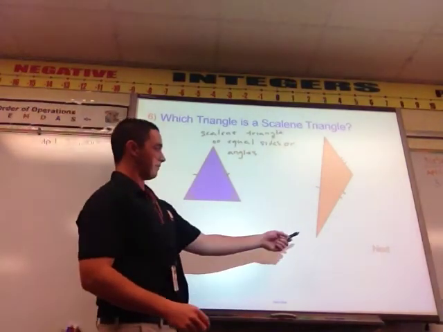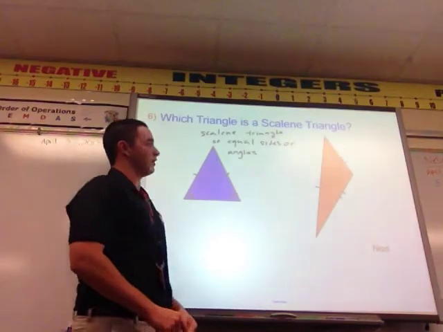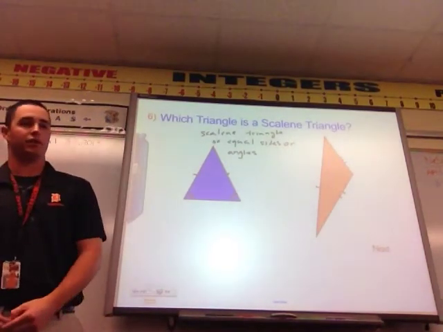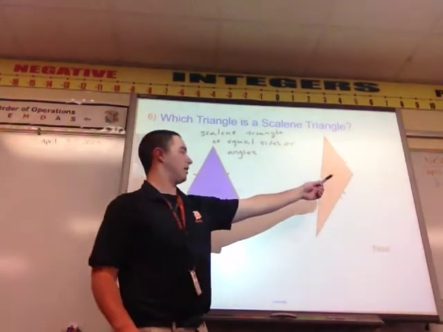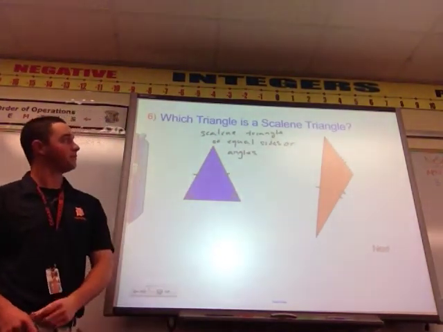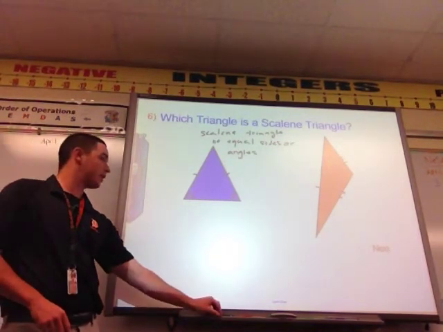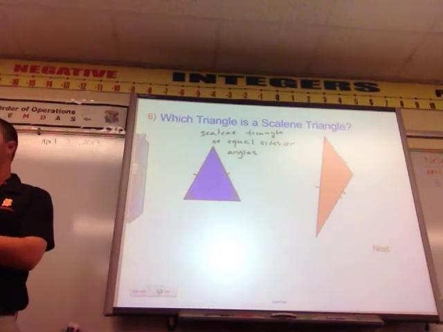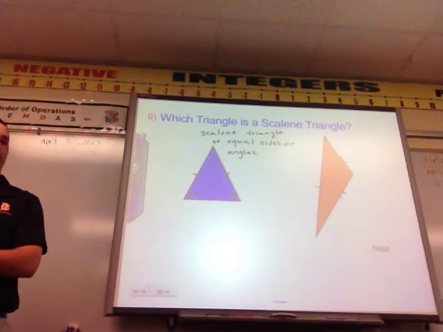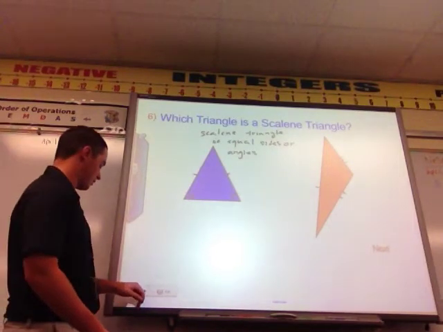Because all the sides are different, all the angles are also different. So you have an obtuse angle, an acute angle, and then a smaller acute angle. Therefore, it's a scalene triangle. All right? So, one more question. How many degrees do all the angles add up to in a triangle? 180. All right, good job, guys.